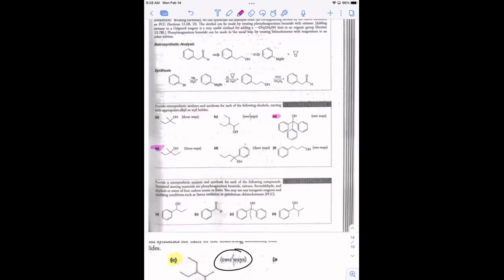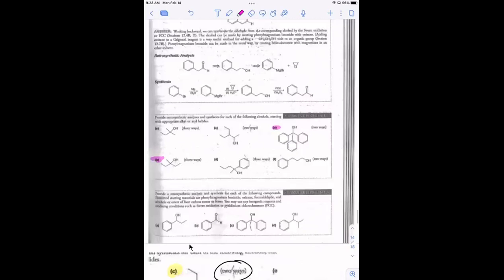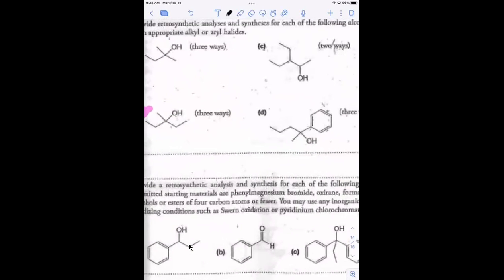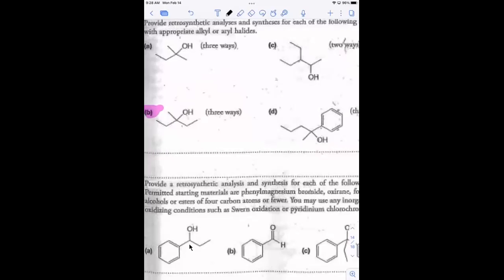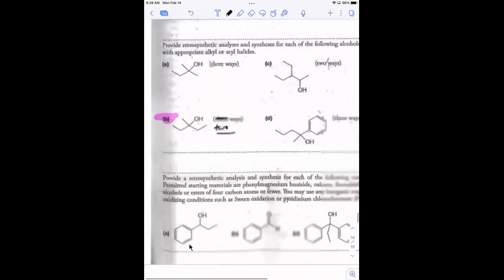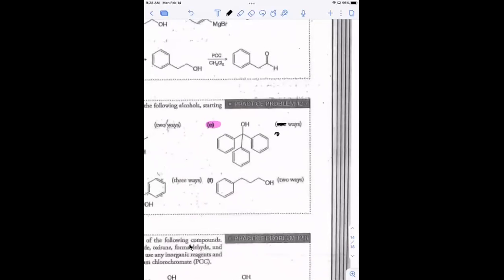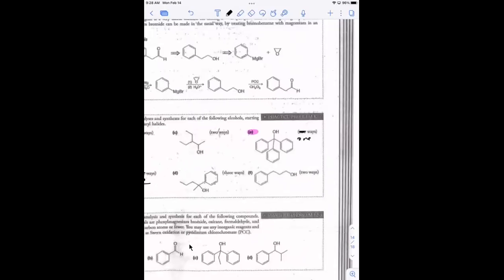Which ones did you want us to do? The ones I have highlighted in pink are E and B. So write those down. And for B, because one of the ways is going to be redundant, we'll just do two ways to synthesize B. And then instead of 2 ways here, we'll do 1, because all 3 methods are going to be redundant. So let's take about 6 minutes and do that.